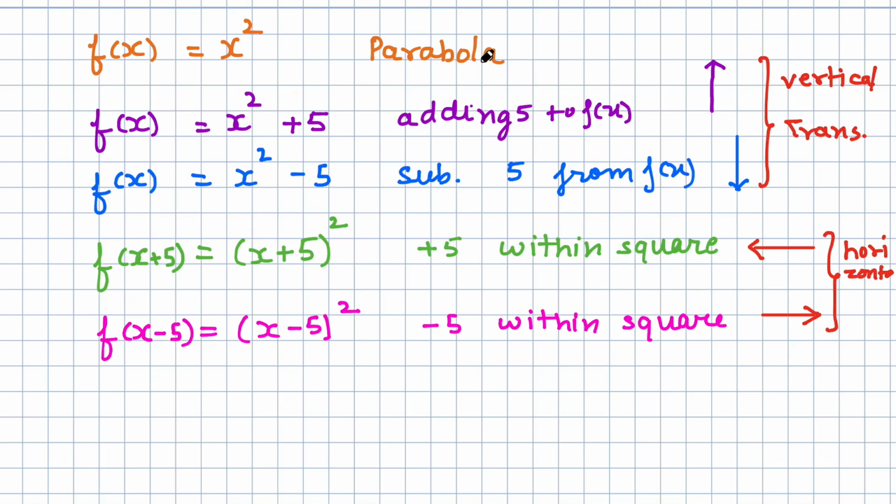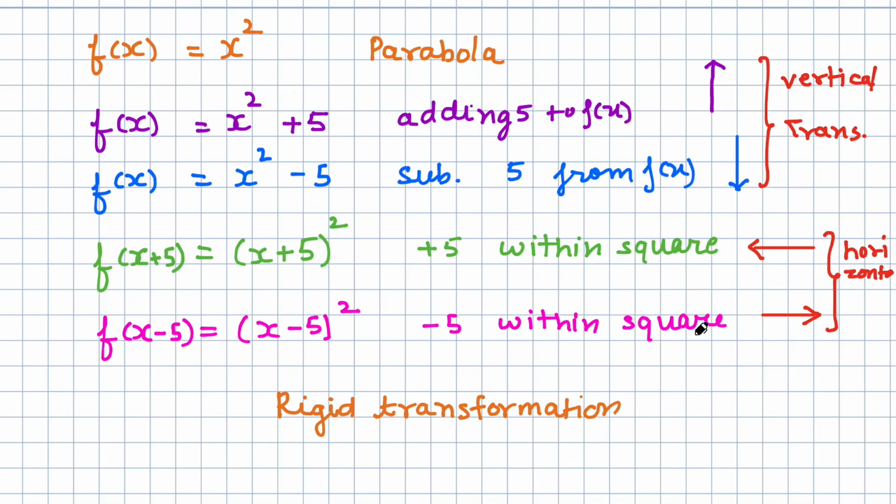Now what are rigid transformations? We did it yesterday. Let's take a quick revision. Rigid transformation means you are not changing the shape of the parabola at all. It is the same. So that is a rigid transformation, right? You are moving it up or down or left and right.